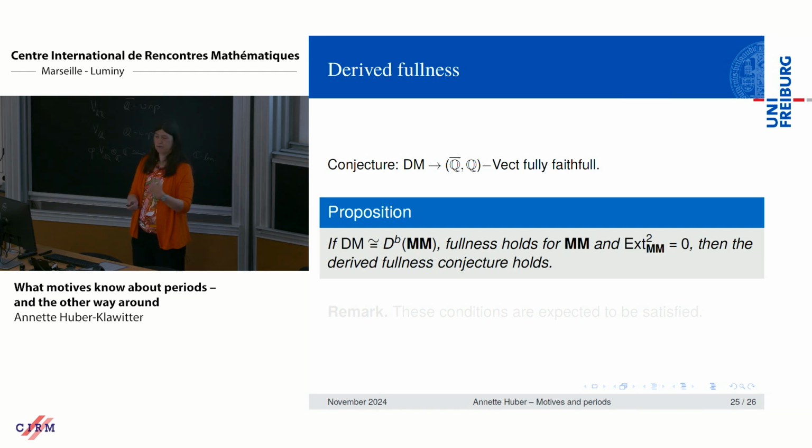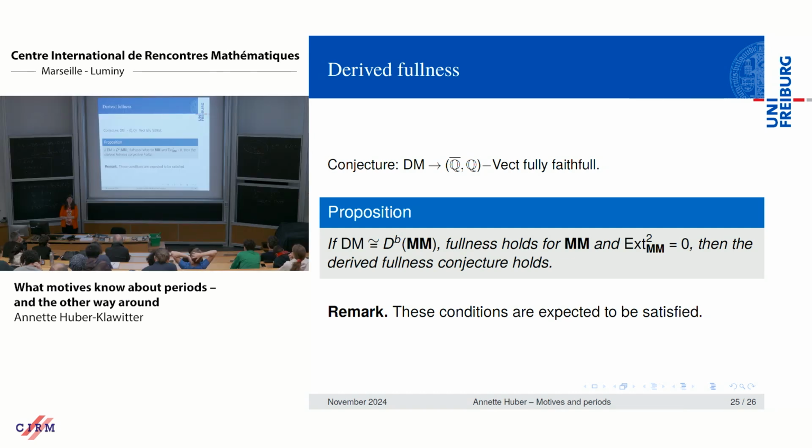And then you get the derived fullness conjecture. And all these things are expected to be true. So cohomological dimension for mixed motives is expected to be the transcendence degree of the field in positive characteristic and the transcendence degree of the field plus 1 in characteristic 0. So we expect it to be okay.